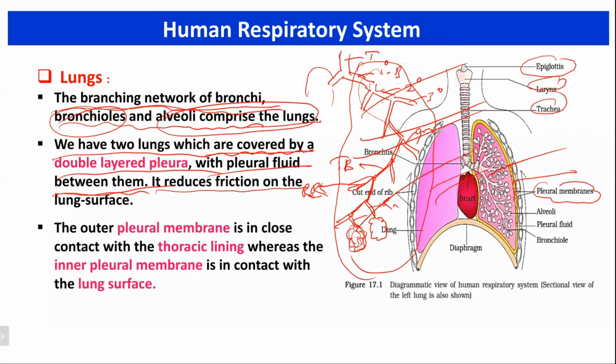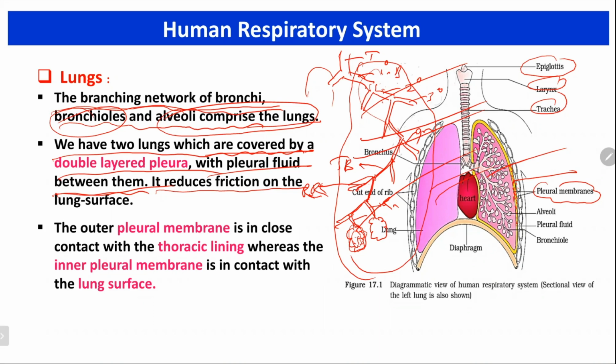So we are discussing the lungs in the human respiratory system, right? So inside the lung, what exactly can you find? We have one pair of lungs, or two lungs, left and right lung, right? That will be shown in the next slide. Don't worry. What exactly can you find inside the lungs, beta? I explained everything so far, right? The branching network of bronchi.